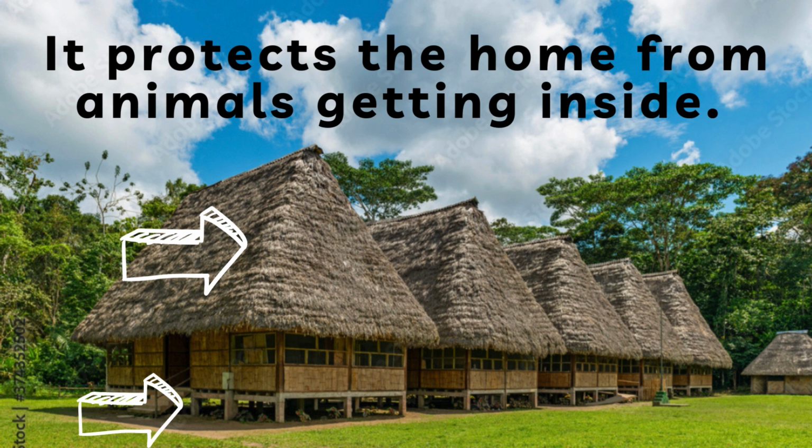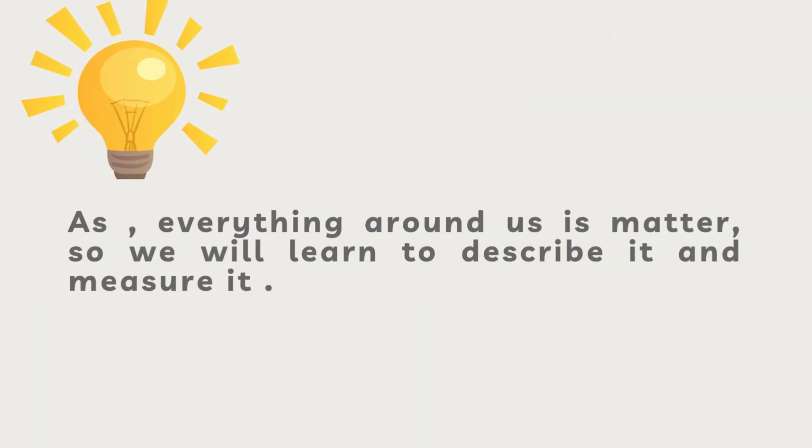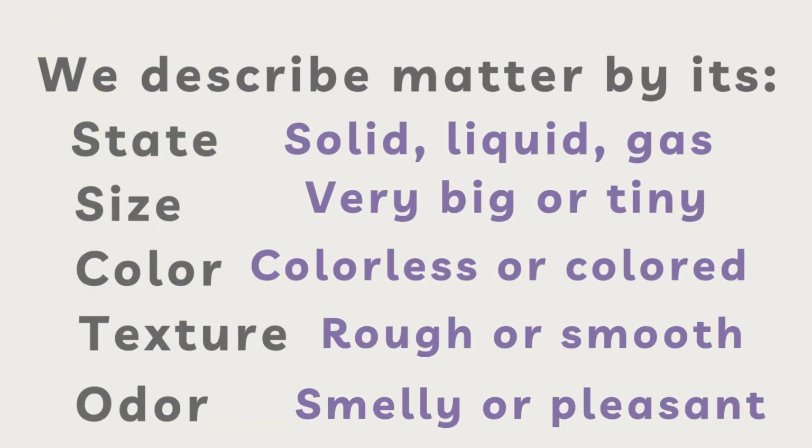Okay, now in this very easy activity 3, we will see how to describe and measure matter. We have different measurements that we can use for matter. As we know, everything around us is matter, so we will learn to describe it and measure it. Okay, so we can describe matter by its state.